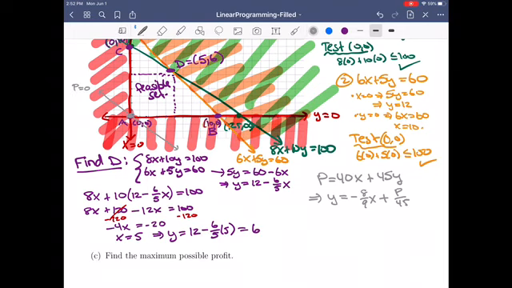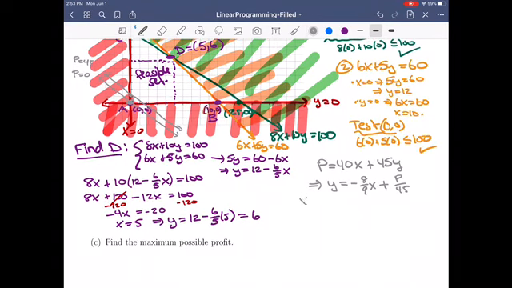If P is 45, I'm using multiples of 45 just so that the y-intercept is an integer, I'm going to be at 1, but I'm going to have the exact same slope. P equals 90, I just keep moving up. So what I want to look for is the biggest P so that the line intersects the feasible set.